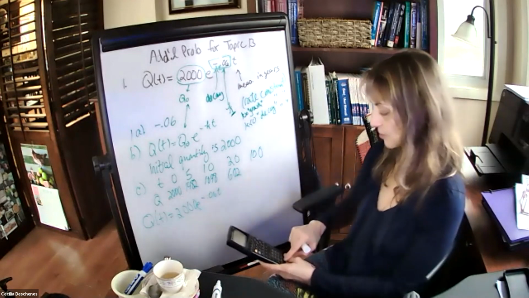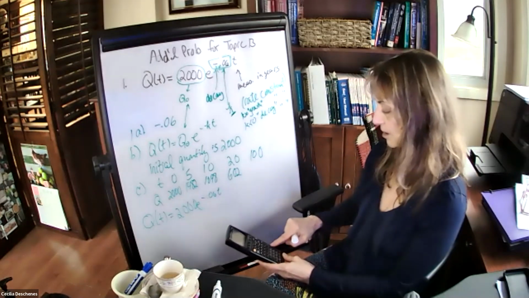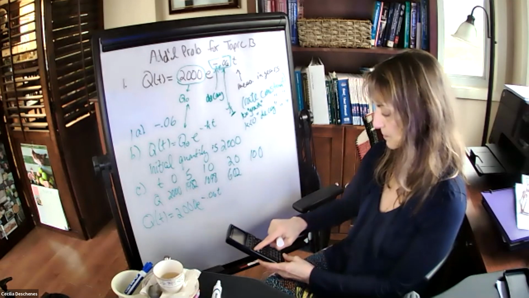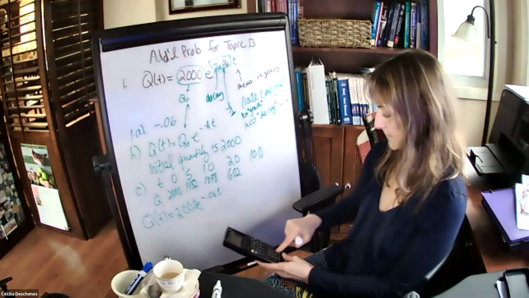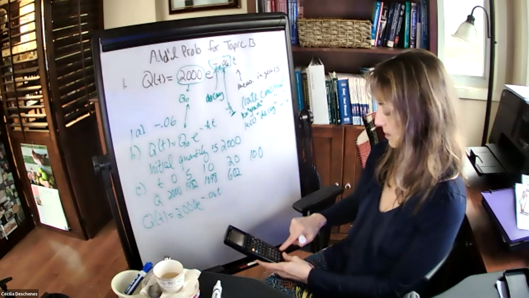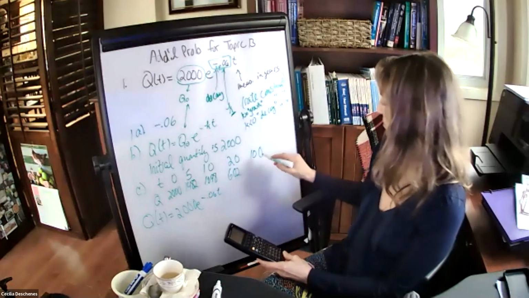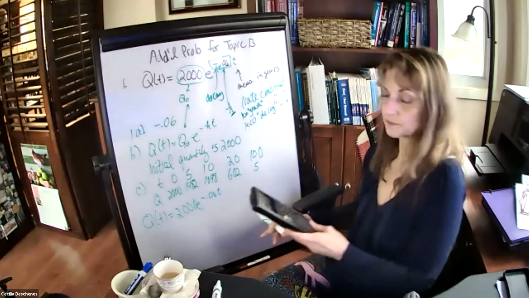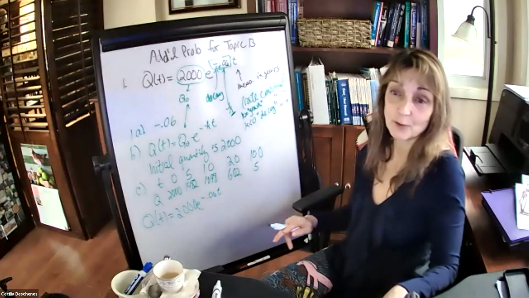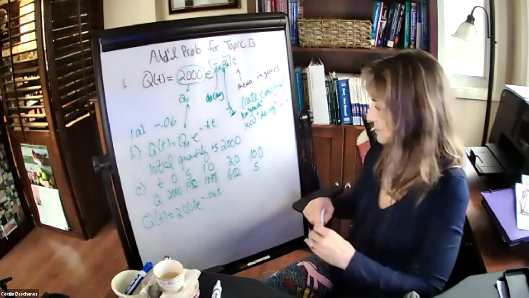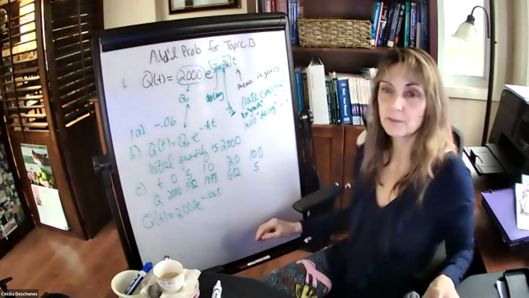And now we're going to see what happens after 100 years. So putting in the 100, this drops all the way down to 5. So it's pretty much gone after 100 years. Okay, so that's problem number 1.